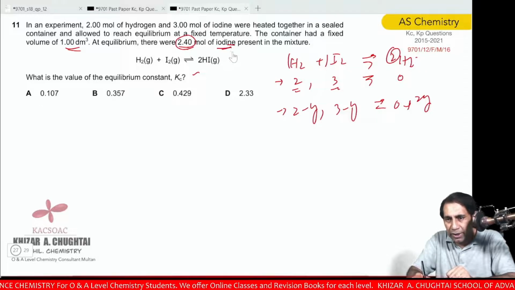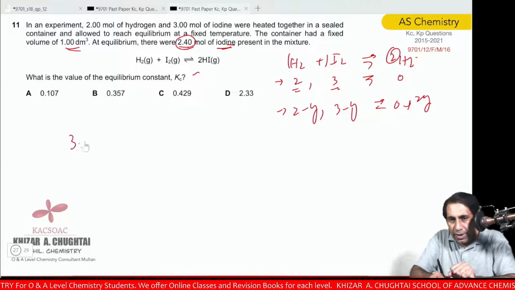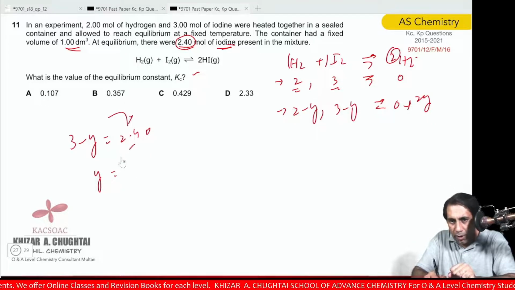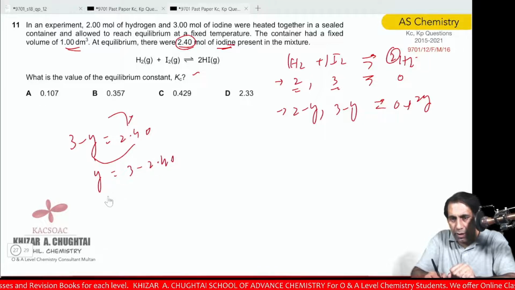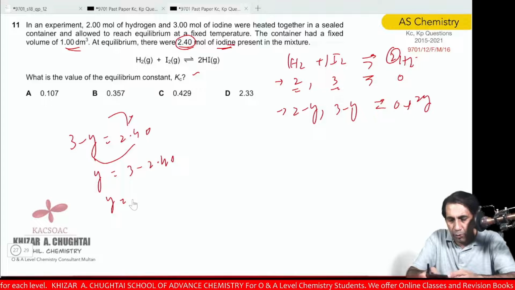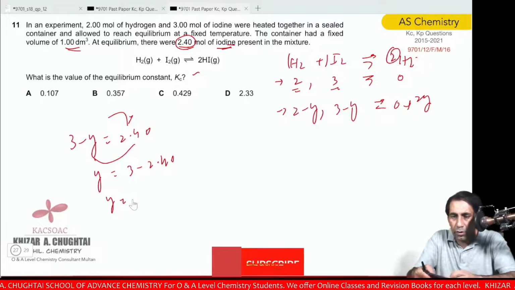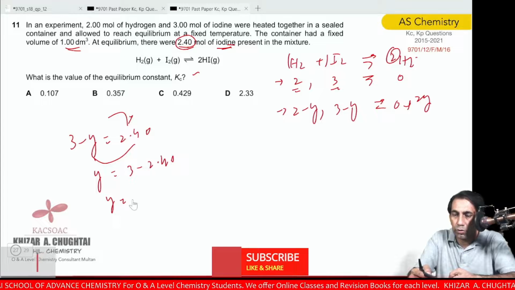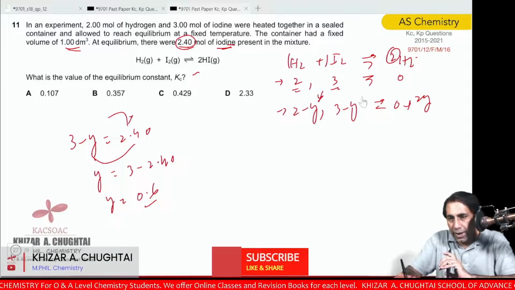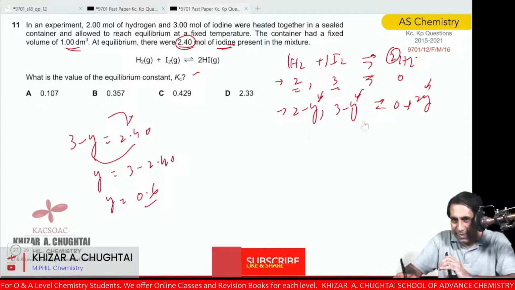Remaining moles of iodine is equal to 2.4. 3 minus y is equal to 2.4, so y will be 3 minus 2.4, and that is equal to 0.6 if I'm not wrong. 3 minus 2.4, that is equal to 0.6, yes. So y is equal to 0.6.